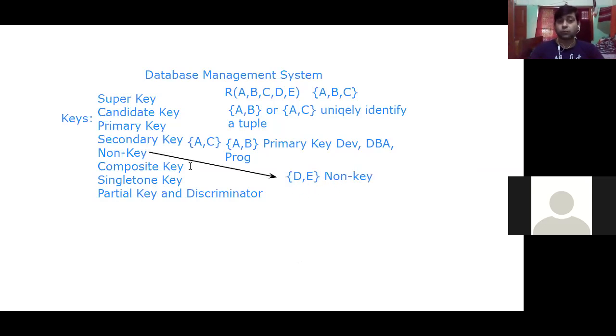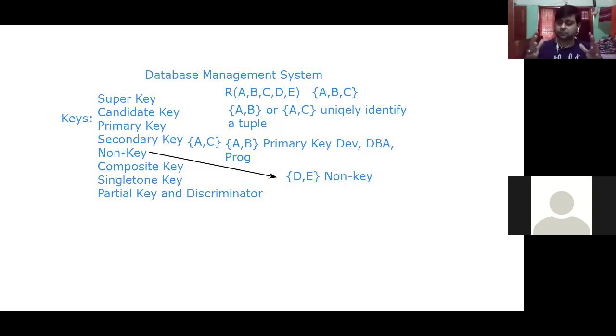Now coming to the composite key. Composite key could be a secondary key, could be a primary key, it could be a candidate key, it could be a super key. Now generally the super keys are always composite keys, meaning that is the superset of all attributes which are taking part in the formation of the key. So it is obvious that a super key always contains many attributes in its set, and that is why it is normally a composite key.